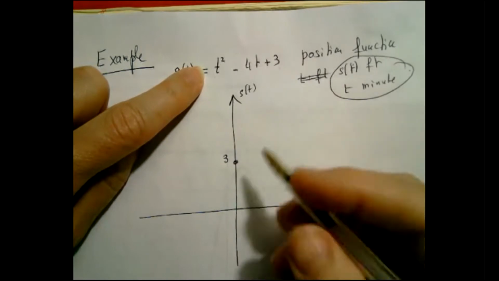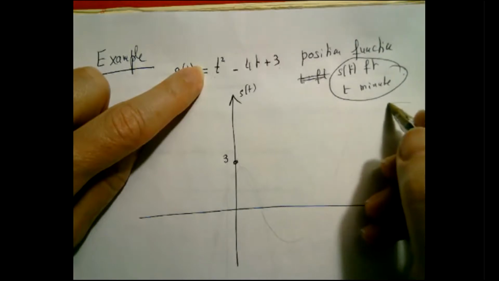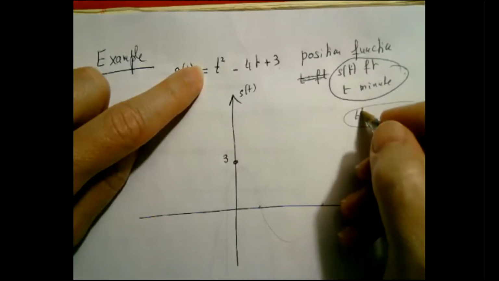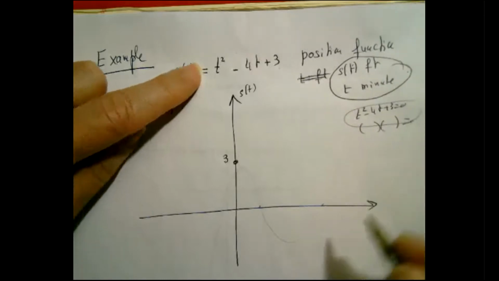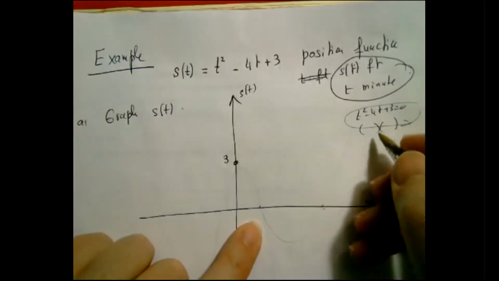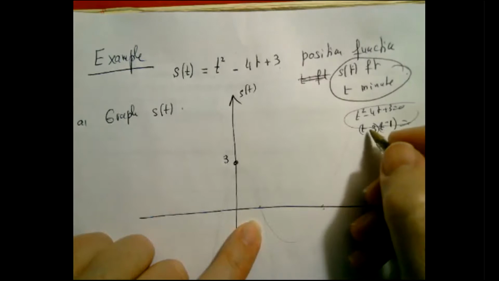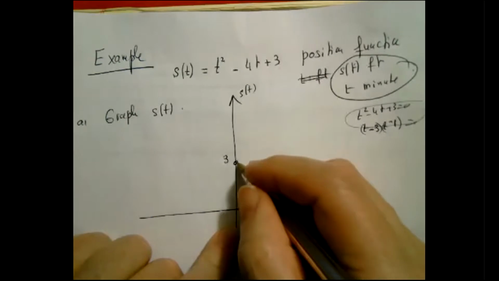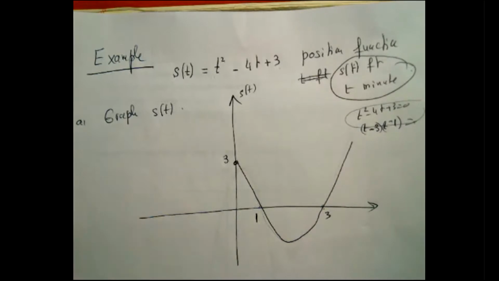Let me find its zeros by setting it equal to 0. I get (t minus 3)(t minus 1), so t equal to 1 and t equal to 3. So the graph goes like that. That's time, and that's S of t.